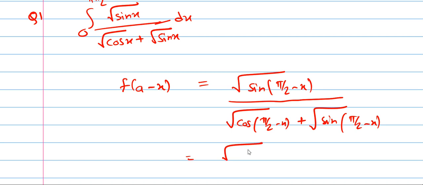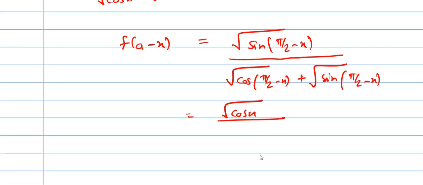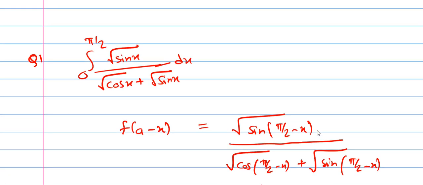So it becomes under root cos x divided by under root sin x plus under root cos x. Okay, so this is your integration. This is nothing but I.